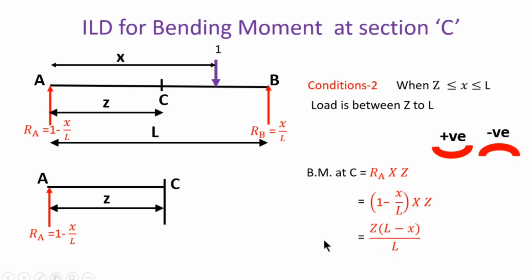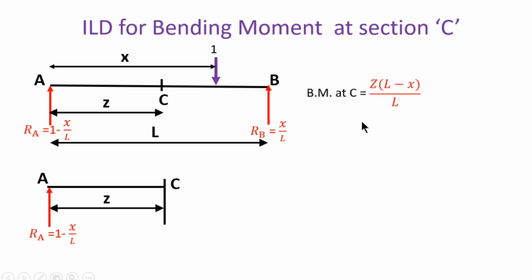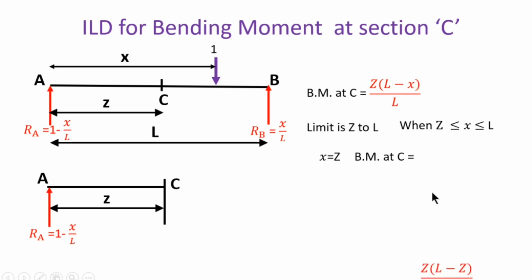Now we have to put the limit Z and L. So the equation is bending moment at C is equal to Z into (L minus x) divided by L. First is limit Z to L, that is when the load is greater than or equal to Z and less than or equal to L. So x is equal to Z. Here bending moment at C is equal to, now put x is equal to Z in this equation.